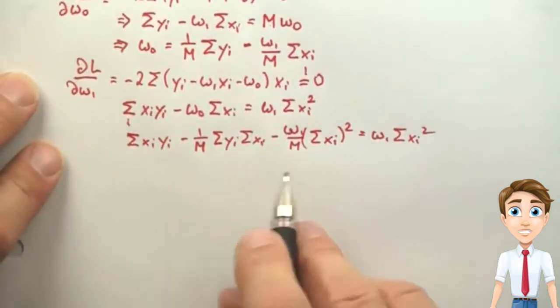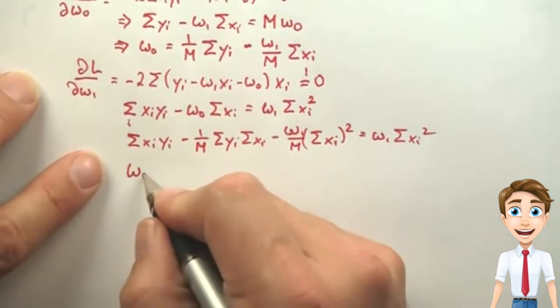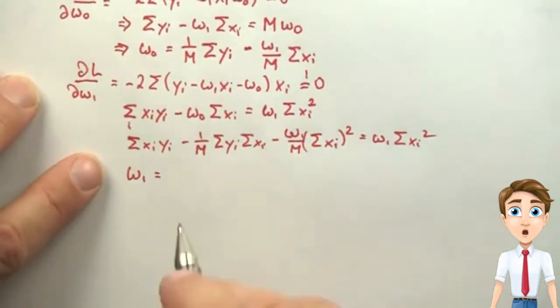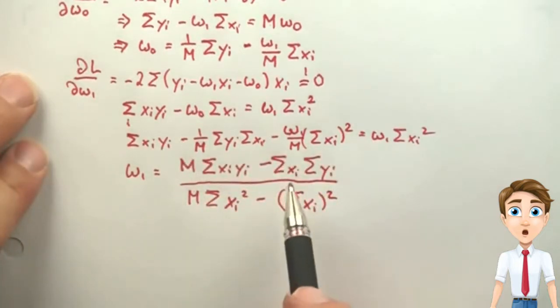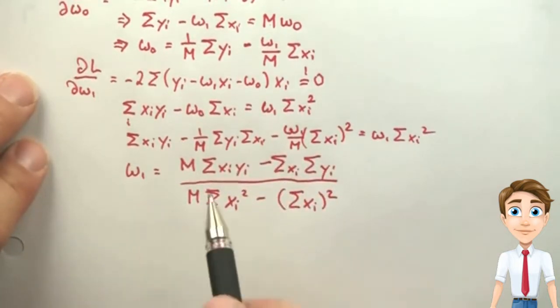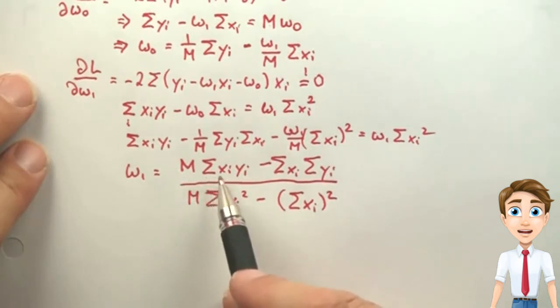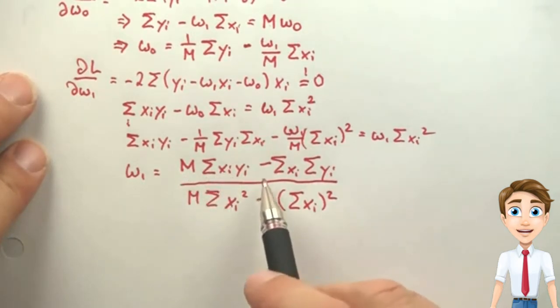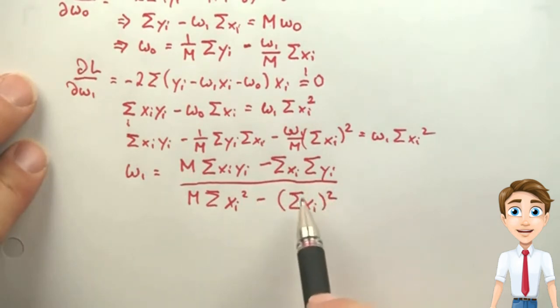With a few steps of further calculation, which I'll spare you for now, we get for W1 the following important formula. This is the final quotient for W1, where we take the number of training examples times the sum of all xy minus the sum of x's times the sum of y's, divided by this expression over here.